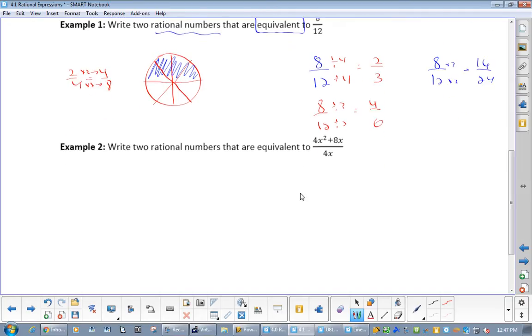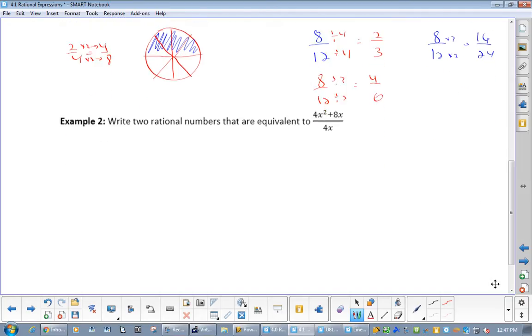Okay? Now, we're going to take this just a bit higher level. Let's write two equivalents of 4x squared plus 8x all over 4x. Now, one easy way, probably the easiest, is to always multiply by 2.